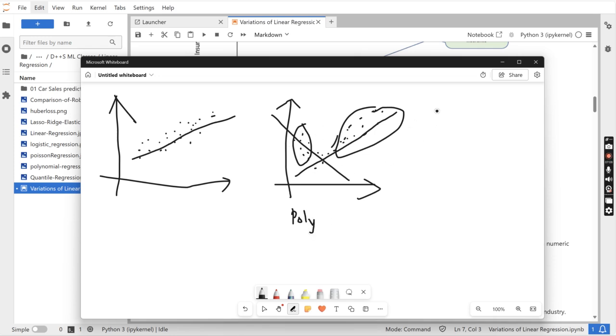The only thing you can do is, let's just say you have points like this, you take the same straight line that was there and curve it, bend it so that it comes like this and goes like this.